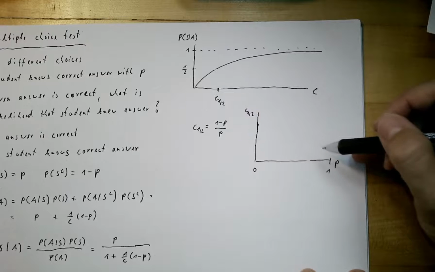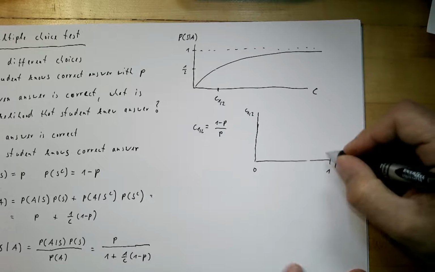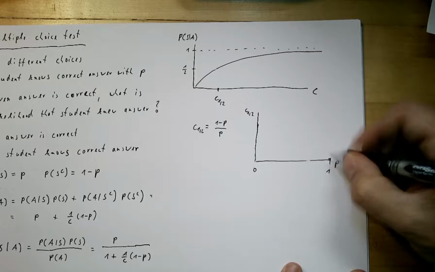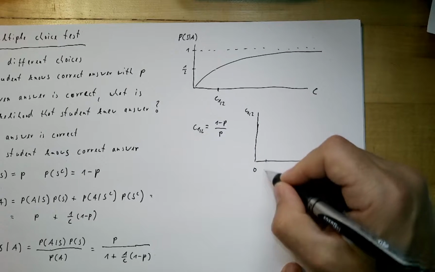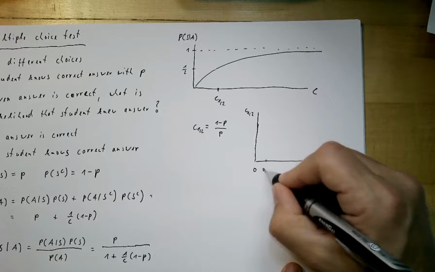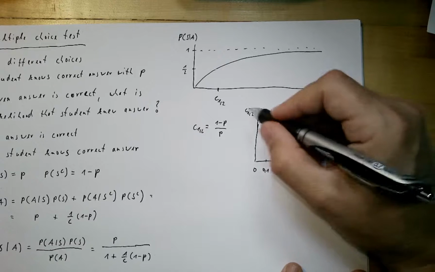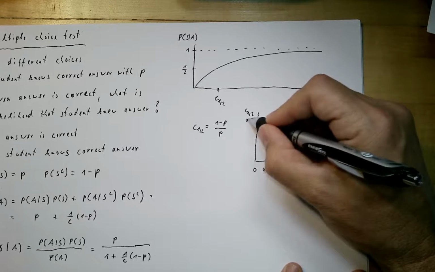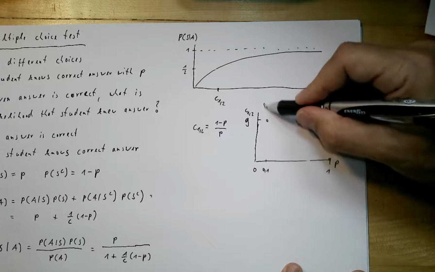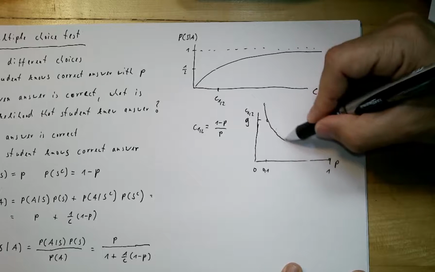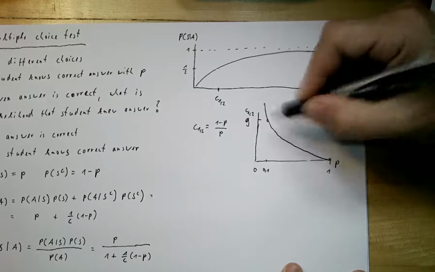You see that's a function which goes to 0 when P equals 1. For example, when we give here 0.1, we have here 9. So it's a function which decays like this.